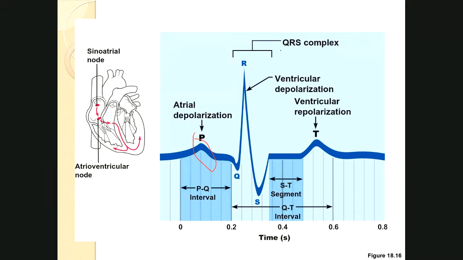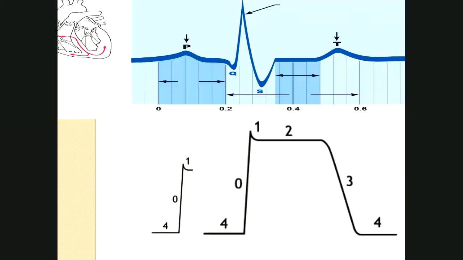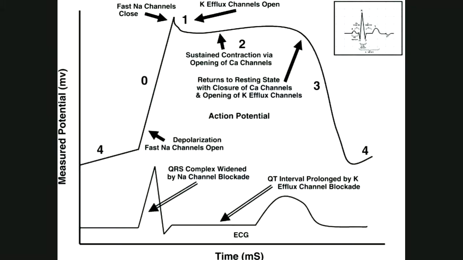And what he figured out was that this electricity happened every single beat. So this P, Q, R, S, and T happened with every single beat. Later on, what people figured out was that this P, Q, R, S, and T, again, has to do with action potential.